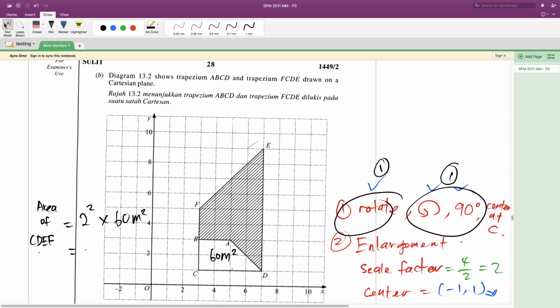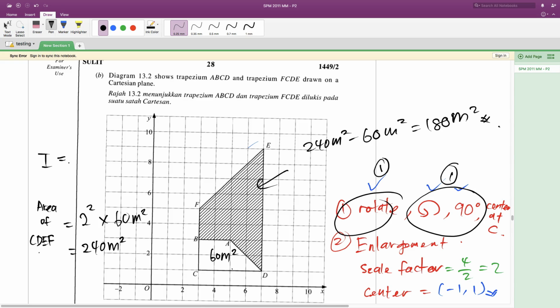Therefore my area of image is 240 meters square. If I get my area of image as the whole thing, and I want the shaded region, I just use 240 meters square minus 60 meters square. Then I can get the shaded region is 180 meters square. That's all. Okay, it's quite simple. You just need to understand. Normally I will write I equals K square multiply O, meaning area of image equals skew factor square multiply with area of object.